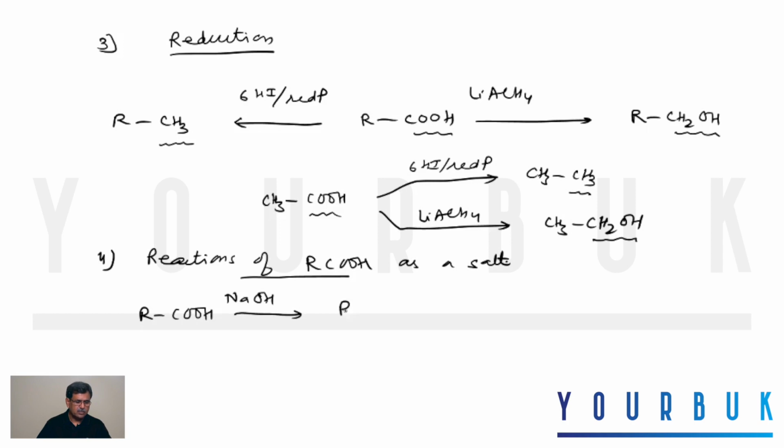It gives a sodium salt, and the sodium salt can be changed into alkane with one carbon less. So this group has been replaced by H using soda lime. So this is called decarboxylation. It's a loss of carboxylic acid group, and soda lime is a mixture of NaOH plus calcium oxide and heat.